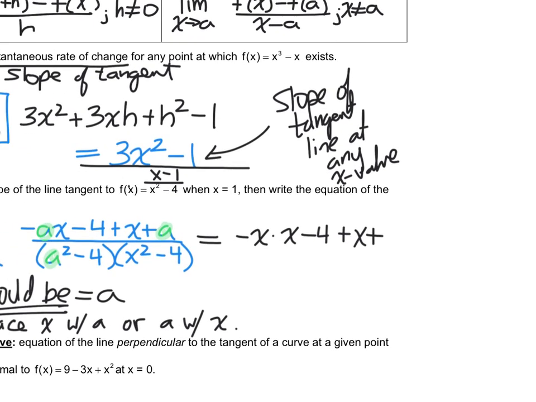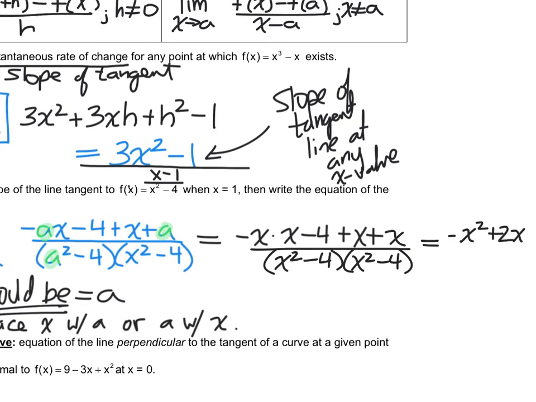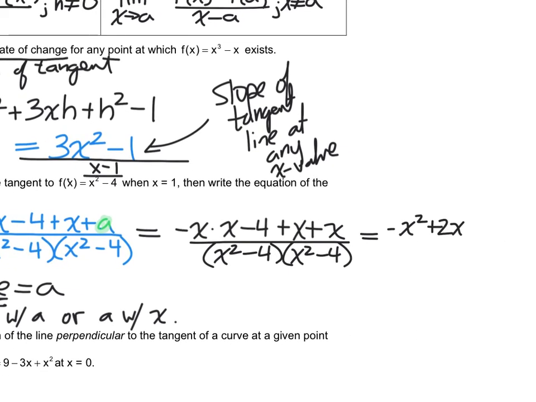So x plus x over x squared minus 4 times x squared minus 4. All right. So that cleans up to negative x squared plus 2x minus 4 over x squared minus 4 squared.